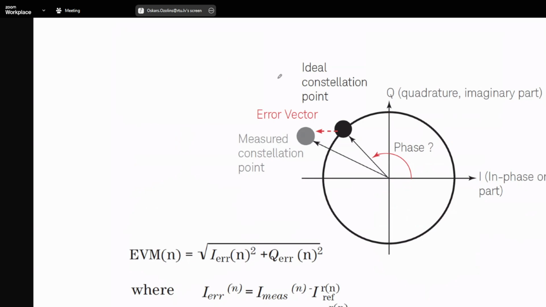So then we have an ideal constellation point, but then we measure this point somewhere else.